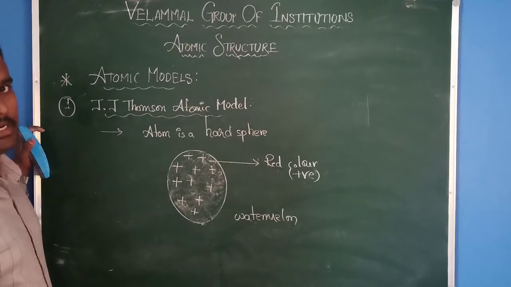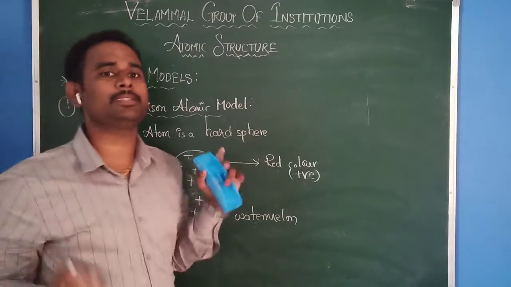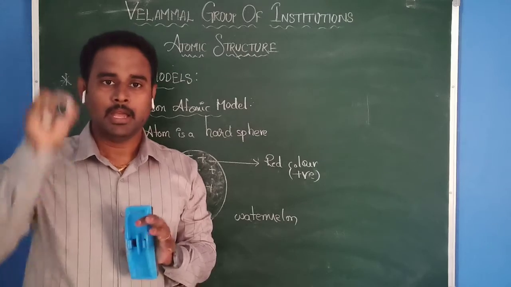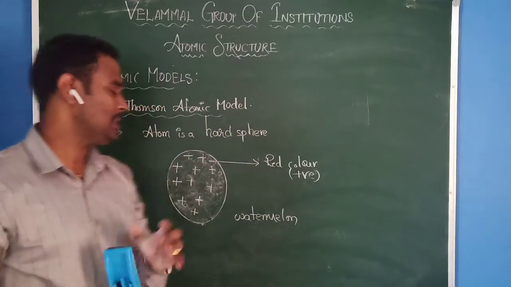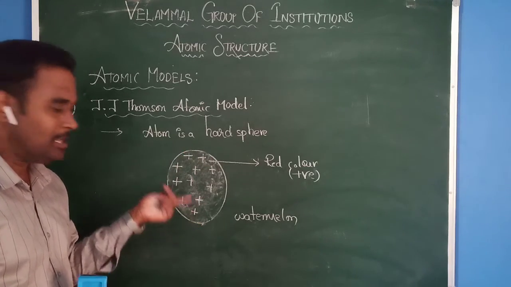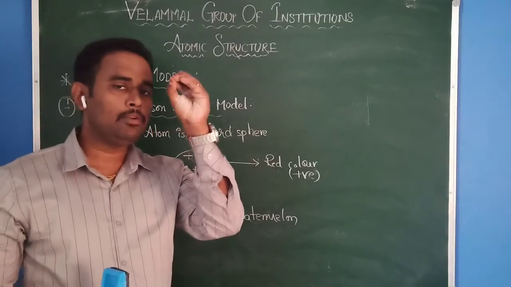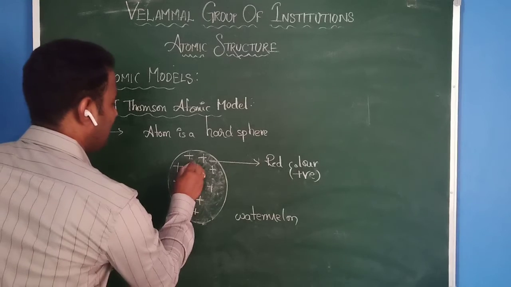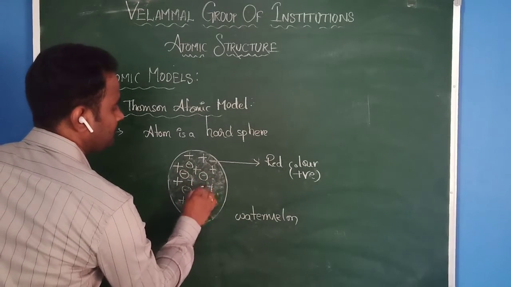And he said that in watermelon there are some black color seeds. That black color seeds he compared with the electrons. That means in this hard sphere red color part, that means in these positively charged particles, there are some negatively charged particles also embedded in it.